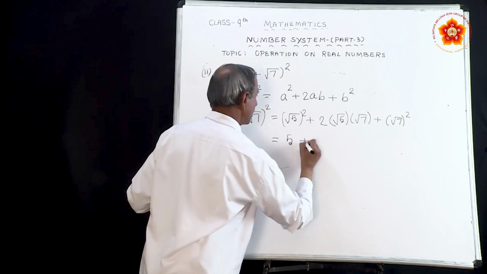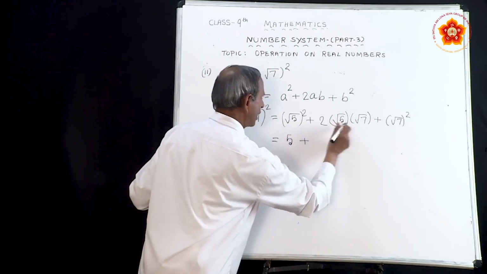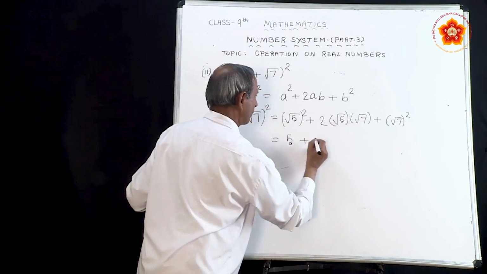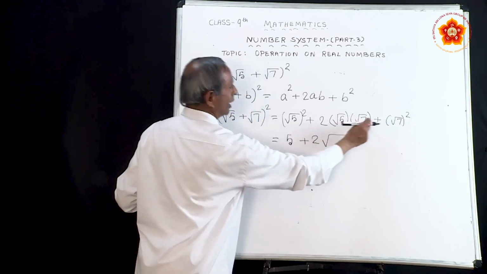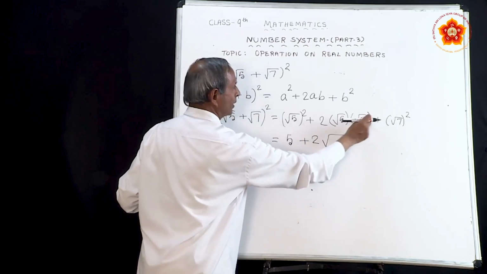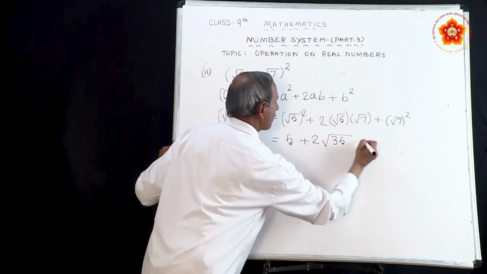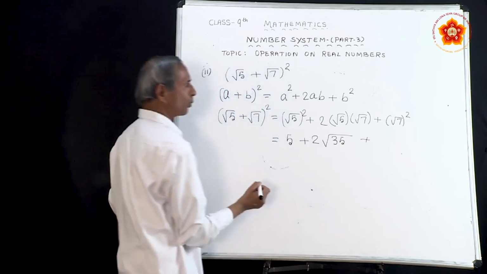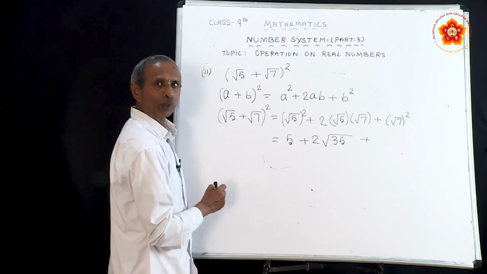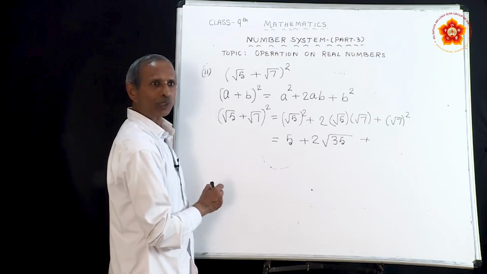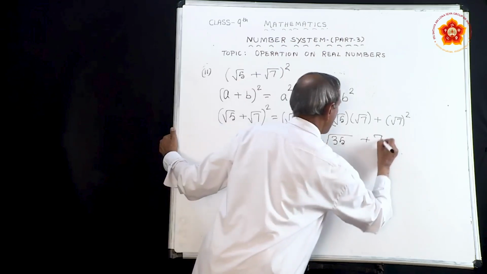Next term, 2 is a plain number and the others are different numbers, so you can't multiply them: 2 under root, 5 times 7 is 35, so write 2 root 35. Plus root 7 whole square means root 7 multiplied by root 7, that is square root of 49, which is 7.